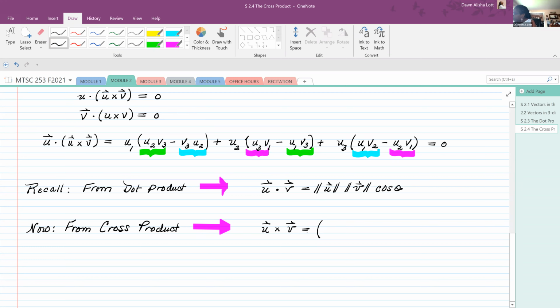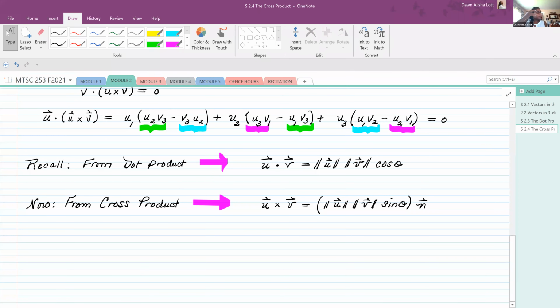So it's a vector. So now we're going to get the length of U, that's a scalar, times the length of V, that's a scalar, times the sine of the angle between them, times a normal vector in that direction. Okay? So it is a vector.